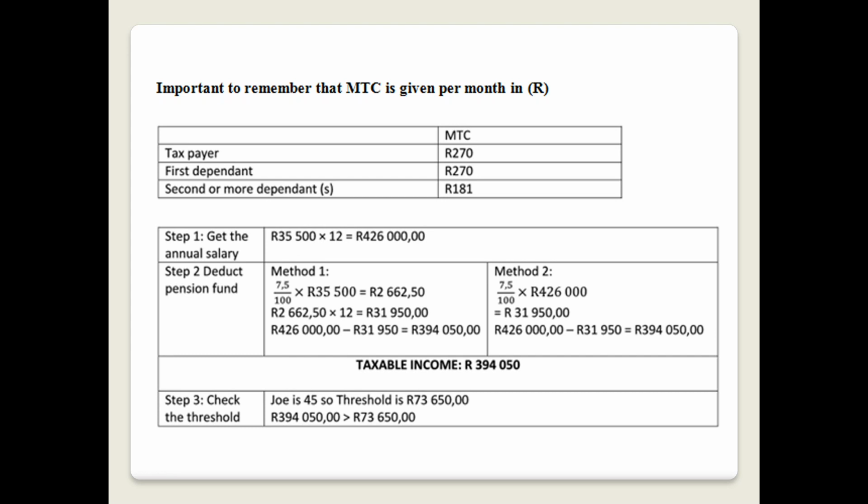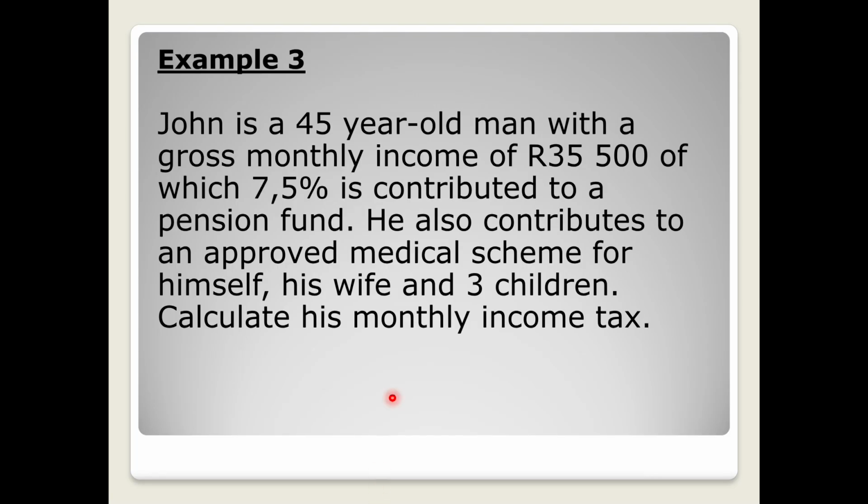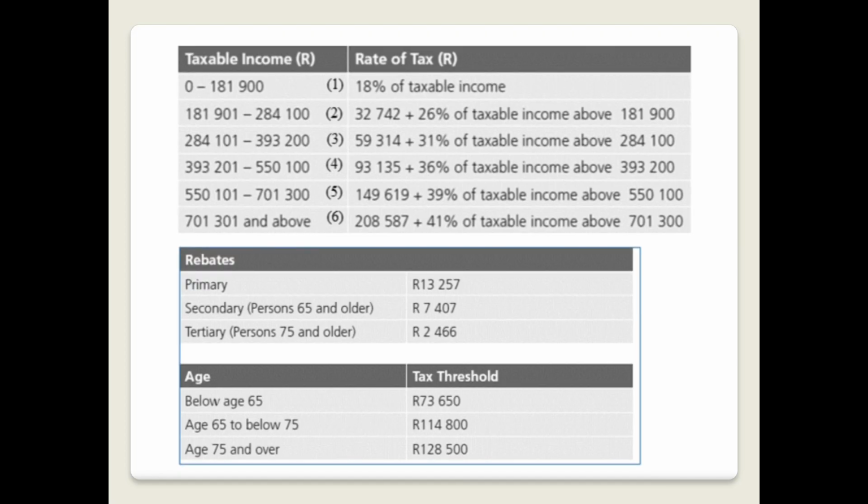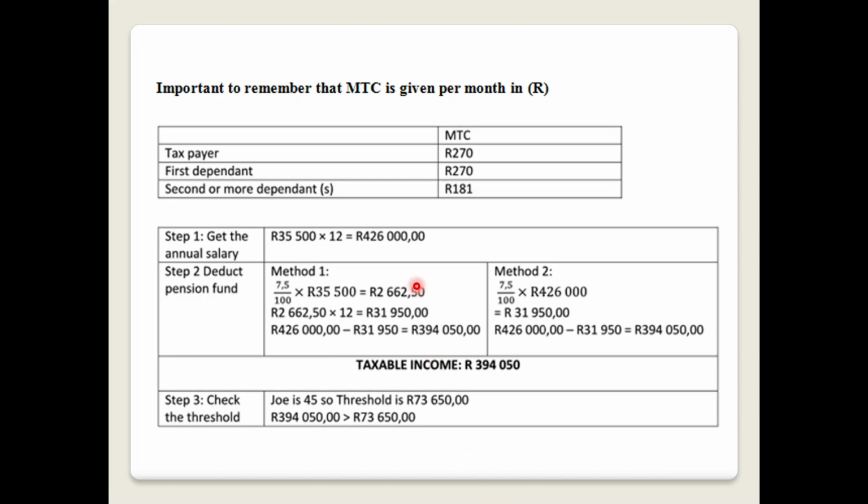So step number 1, because it was given to us on the slide that he's got a monthly income, he earns 35,500 Rand a month, we know that we need to take the 35,500 multiplied by 12 to get his annual salary. That is step number 1. Then he belongs to a medical aid.